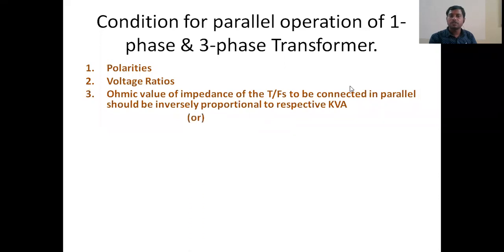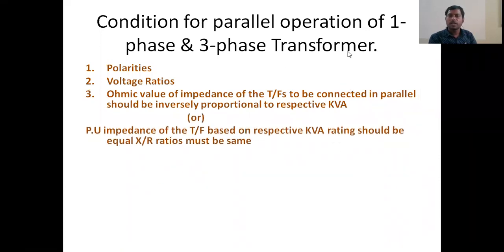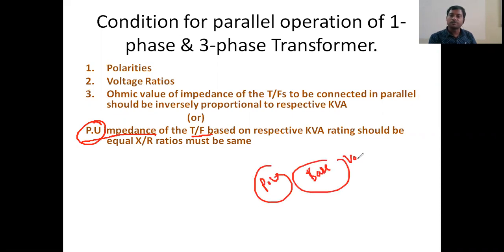Another one. This is a similar condition to the previous one, but the impedance is measured in terms of per unit value, the per unit impedance of the transformer. This per unit impedance can be calculated for protection calculation purposes. This per unit is always calculated with respect to the base values.